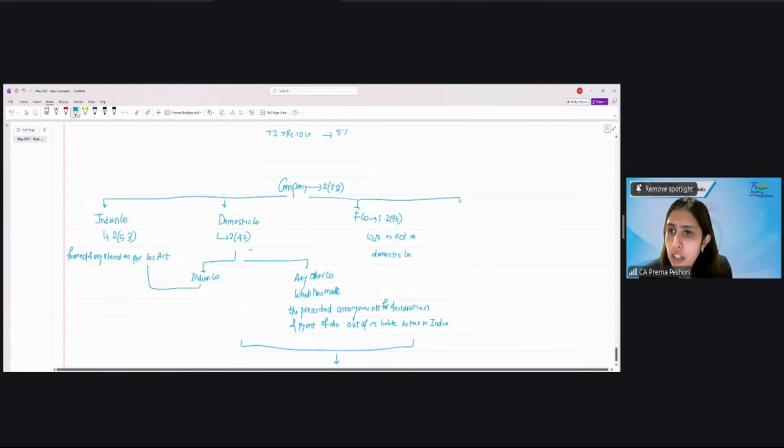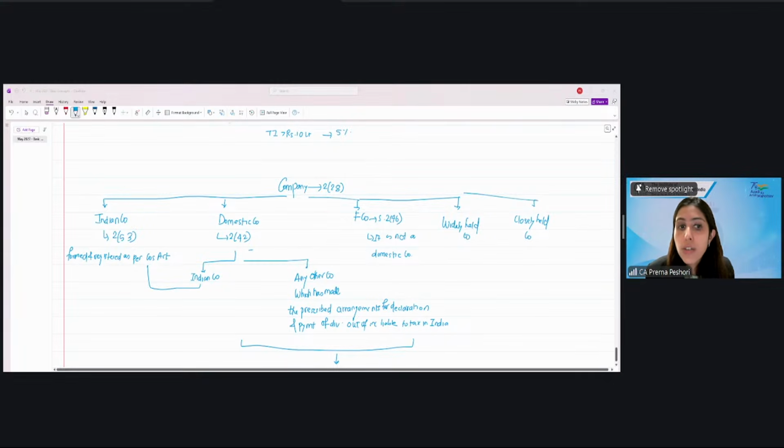Then there are certain other categories of companies, which are widely held company and closely held company. So what are widely held and closely held companies? Widely held is just a nomenclature that we use, but the Act does not use this kind of language.